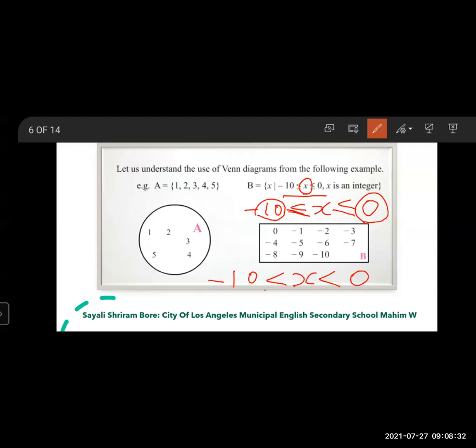Here there is no equal to sign, so you will not include minus 10 and 0.